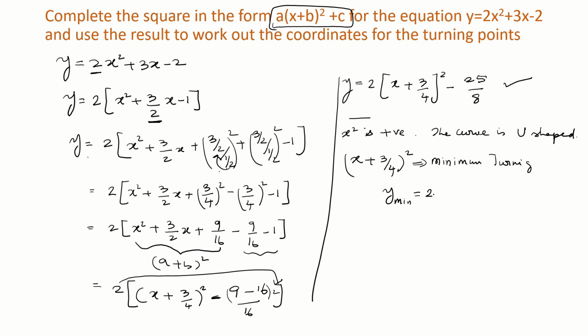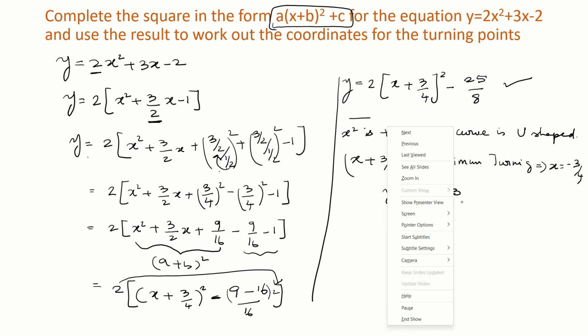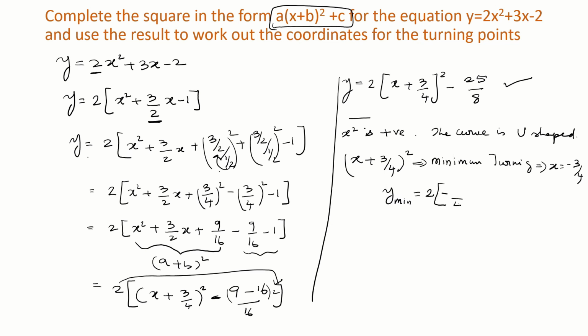y minimum equals 2 times, so what is x here? We can say x equals minus 3 by 4. So putting the value in the above equation, minus 3 by 4 plus 3 by 4, the whole squared, minus 25 by 8.